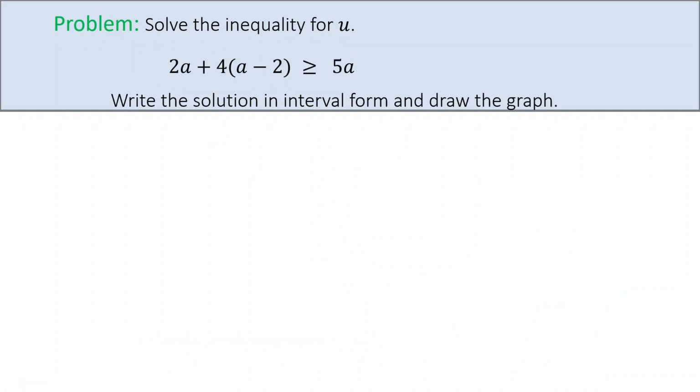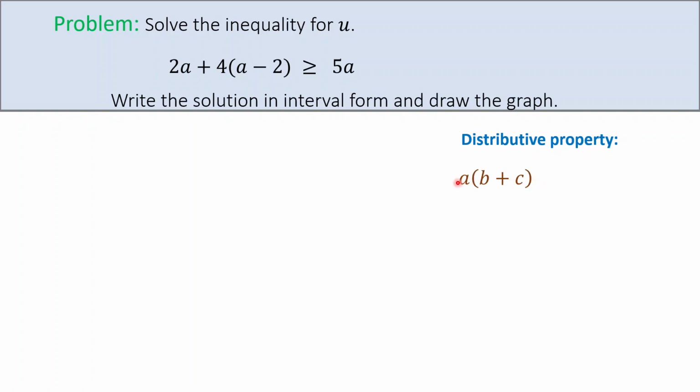Next, we do this problem. In this inequality, you have parentheses. So to solve this inequality, first you need to remove the parentheses by using the distributive property. What is the distributive property?